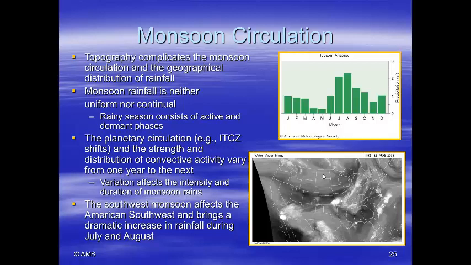The planetary circulation, for example, the intertropical convergence zone shifting, and the strength and distribution of convective activity vary from one year to the next. So these variations are going to affect the intensity and duration of the monsoon rains. The southwest monsoon affects the American Southwest and brings dramatic increases in rainfall during July and August.